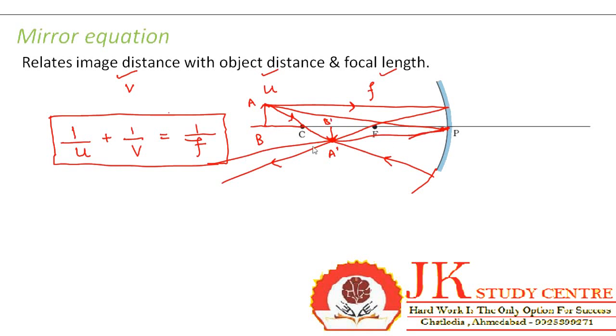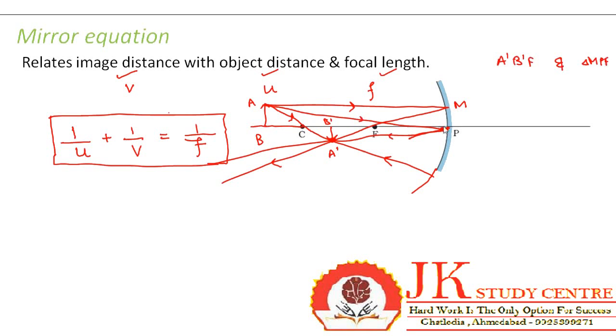So now if we look at this diagram and if we consider these triangles, first of all let me name things here. This is A, this is B. Let me call this as M, and this is already A dash B dash F and triangle MPF.